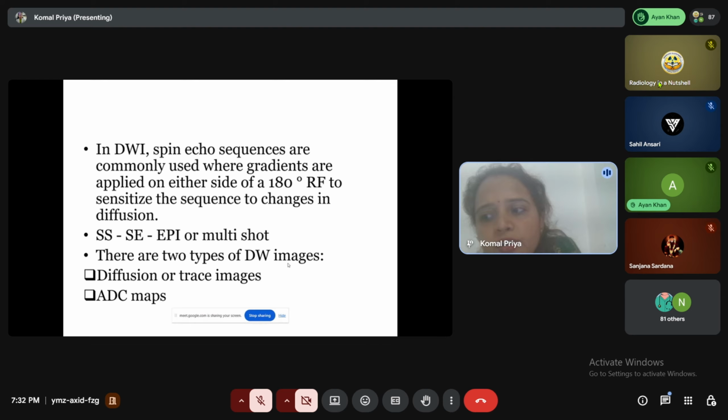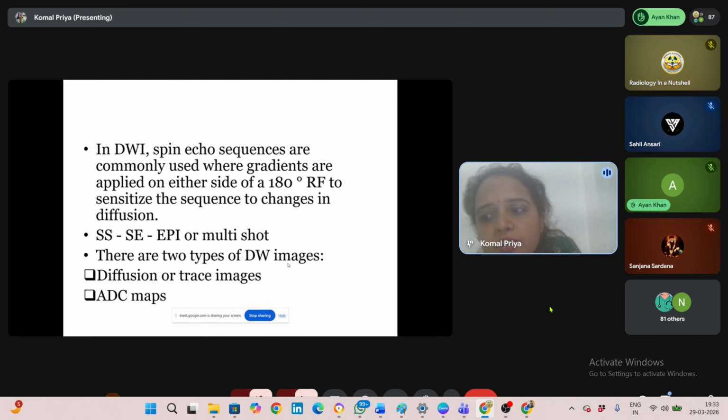So diffusion or trace images basically, where the first part is we have seen that diffusion was defined as any movement of molecules from the extracellular space. In areas where molecules were freely diffusing, the ADC is higher, but in areas where the diffusion was restricted, ADC is lower.